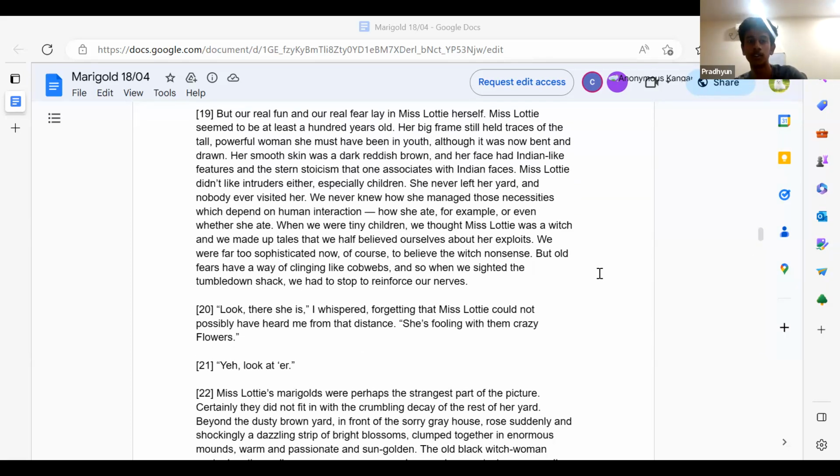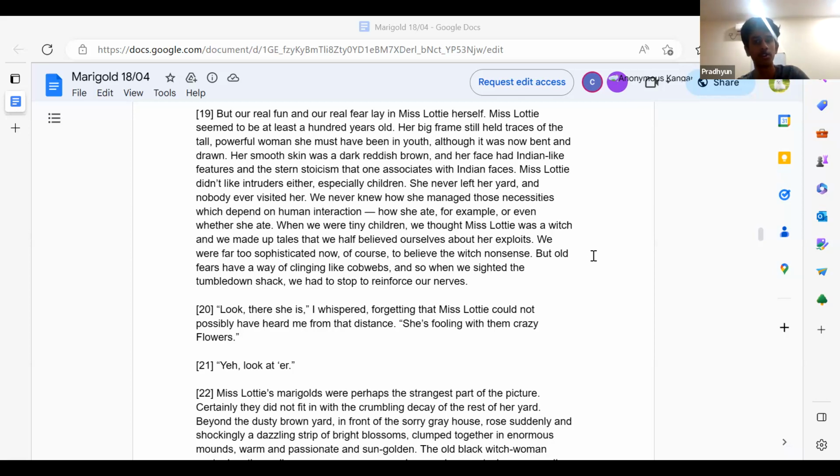But our real fun and our real fear lay in Miss Lottie herself. Miss Lottie seemed to be at least 100 years old. Her big frame still held traces of the tall, powerful woman she must have been in youth, although now it was now bent and drawn. Her smooth skin was a dark reddish brown, and her face had Indian-like features and the stern stoicism that one associates with Indian faces. Miss Lottie didn't like intruders either, especially children. She never left her yard, and nobody ever visited her.